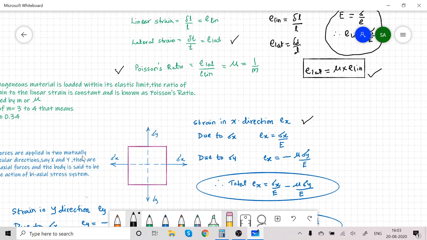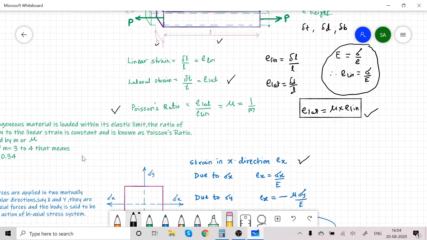So sigma y upon E is the linear strain in y direction. But as we require strain in x direction, that is in lateral direction, we will multiply it by mu. And remember, the lateral strain is always opposite of the linear strain.